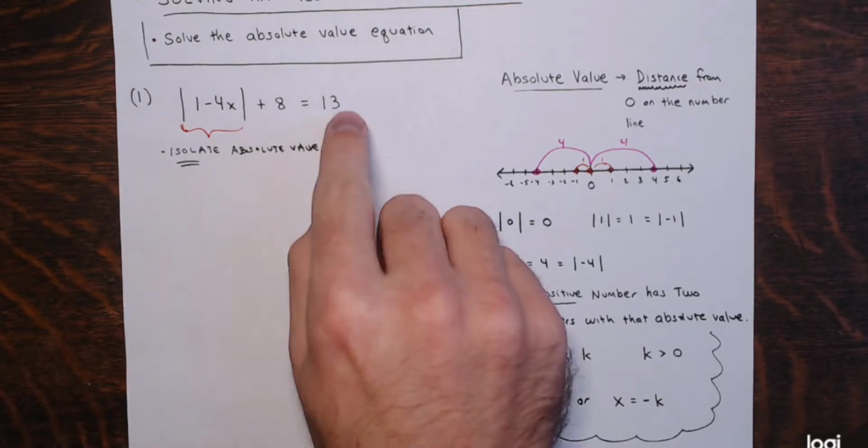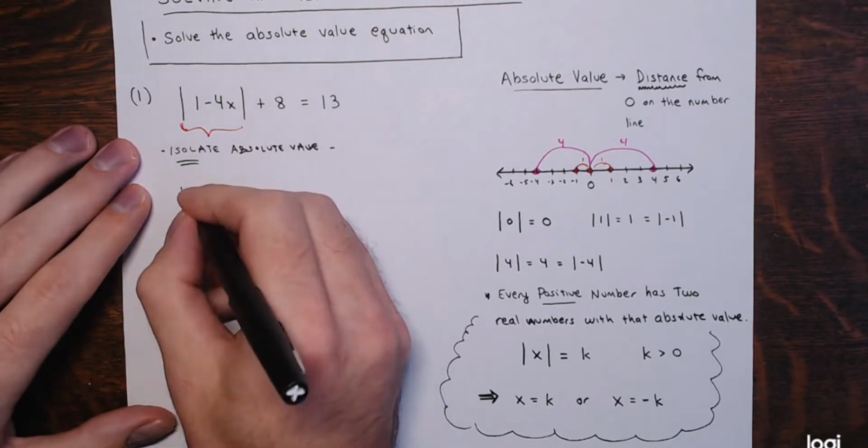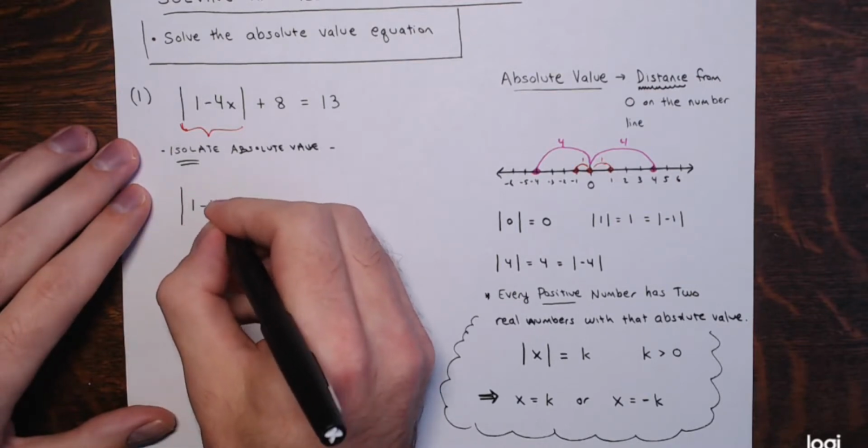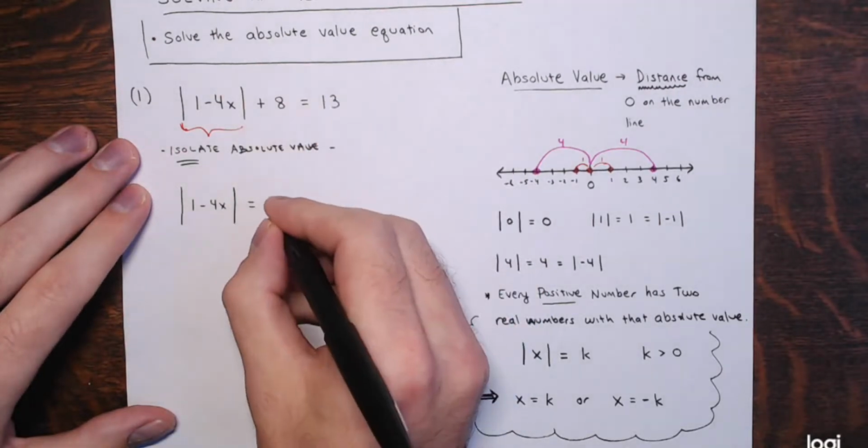So I'm going to subtract 8 here. So we have the absolute value of 1 minus 4x equals, and then 13 minus 8 is 5, right?